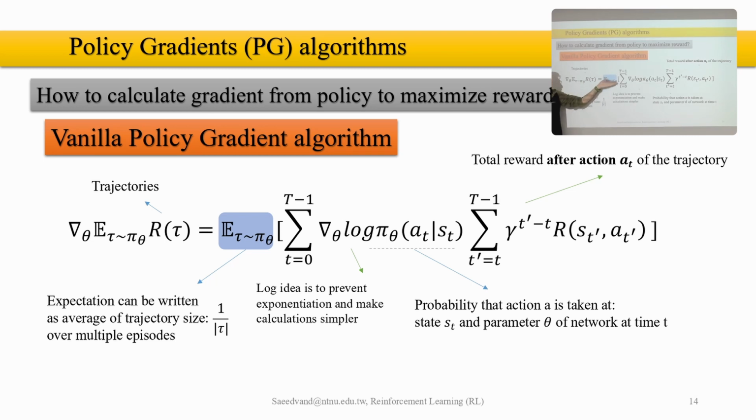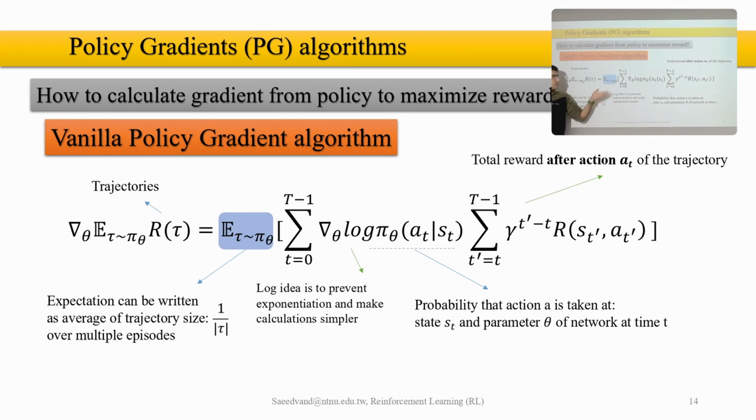So this is equal to the expectation over trajectories from policy pi. In vanilla, unlike the previous algorithm, we calculate 1 over the size of the trajectory set to get the average over multiple episodes. That is difference number one: we want to get the average. If you remember in Monte Carlo techniques, I mentioned that the expectation is usually the average.